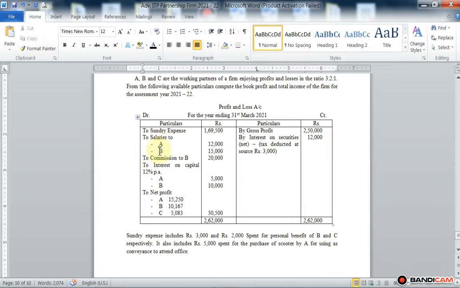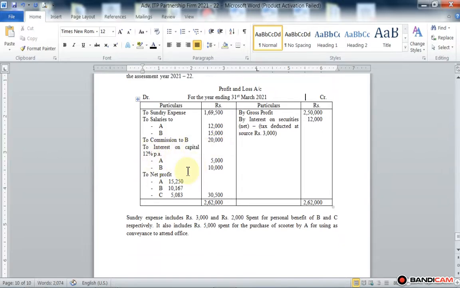Then to salaries to A and B amounting to rupees 12,000 and 15,000 respectively. To commission to B amounting to rupees 20,000. To interest on capital at 12% per annum to A and B, 5,000 and 10,000 respectively. To net profit amounting to rupees 30,500.